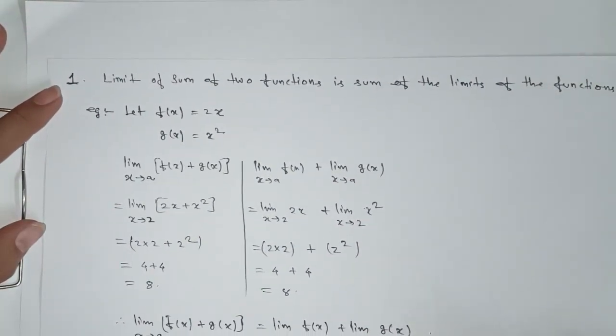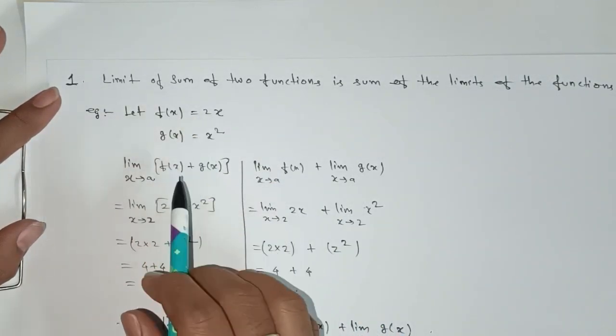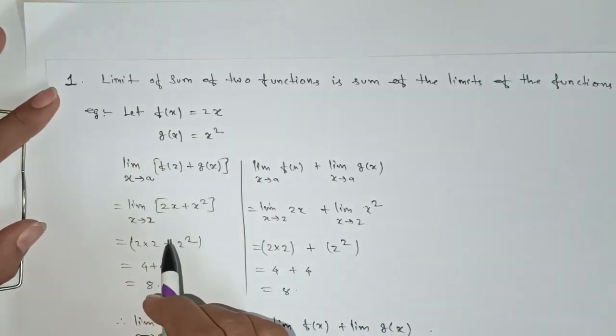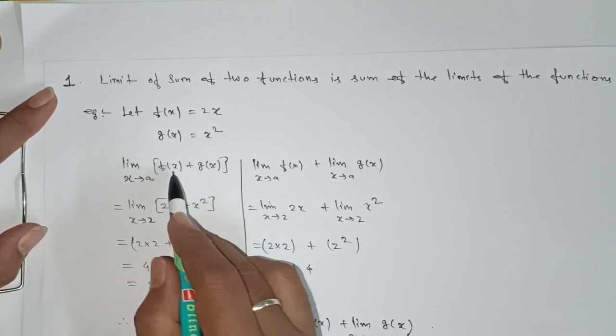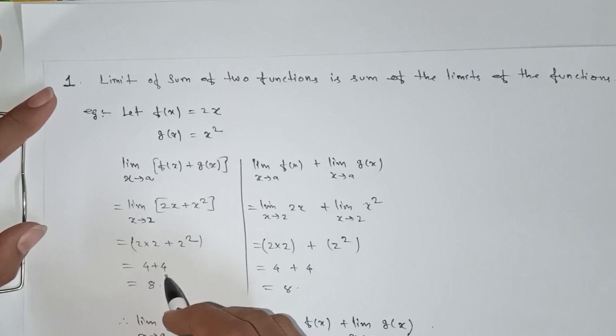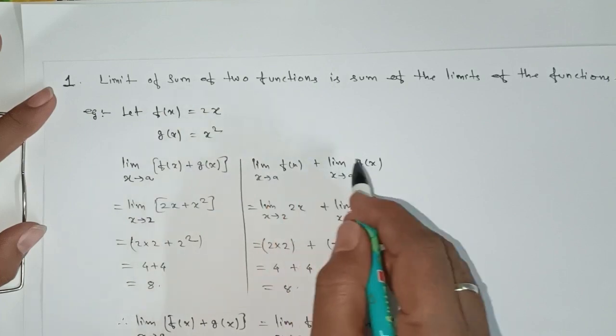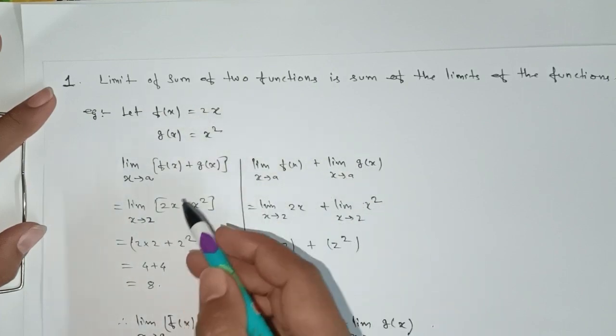Here the first one says that the limit of the sum of two functions is the sum of the limits of the functions. For example, if I take function f(x) as 2x and g(x) as x square, and I add these two first and then apply the limit, I'll get the same value as when I take them separately.